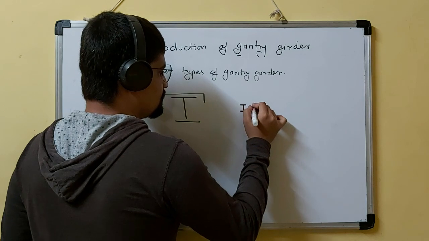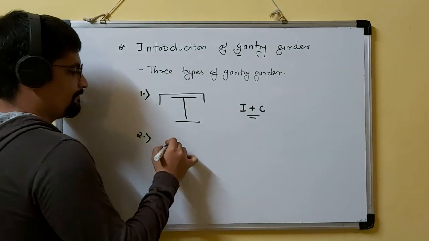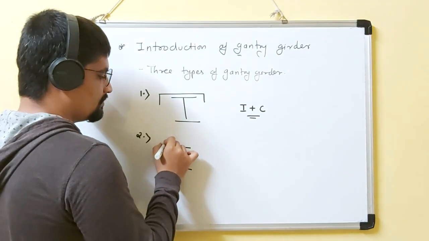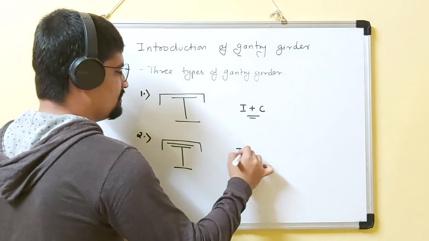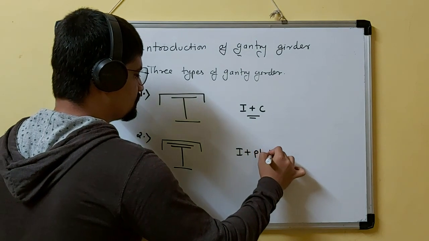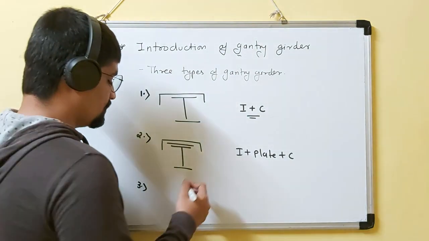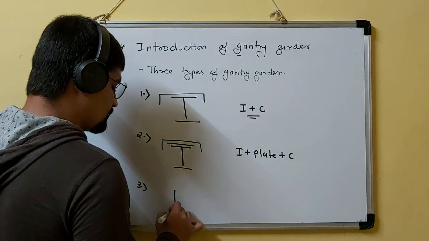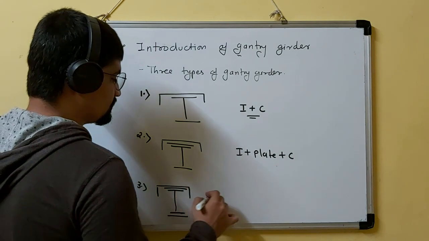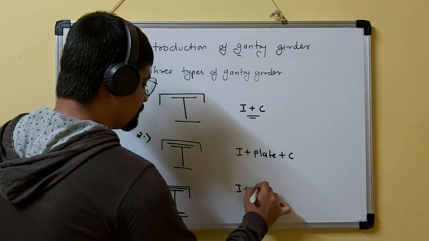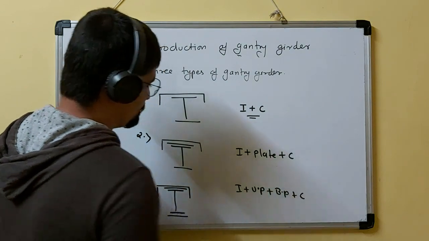I plus C. Second one is I section plus plate section plus C section. So I plus plate plus C. Third one, if the reactions are more, then I section, plate section, base plate section and C section. I plus upper plate plus base plate plus C section.